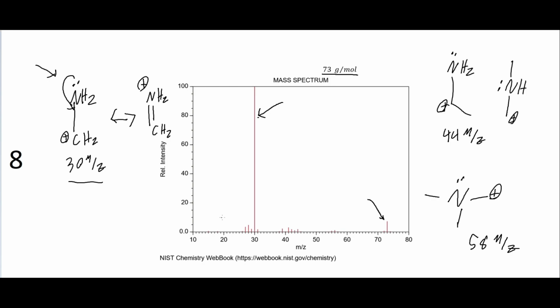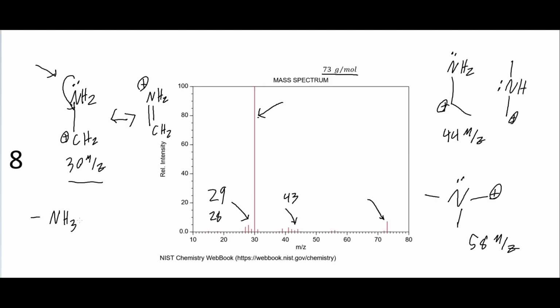And so what we also see is some fragments showing up down here at around 43, and one showing up down here at around 29. And in fact, especially at this one, we actually see one at 28. And so I said earlier that a lot of times you can get NH3s coming off of here.